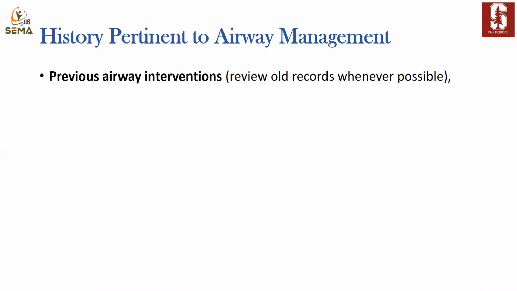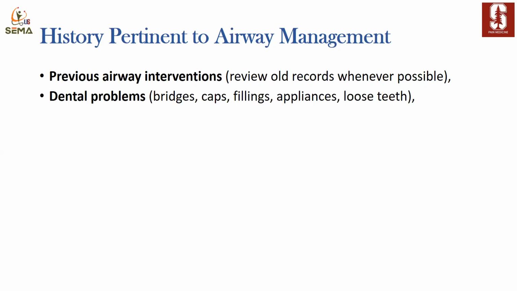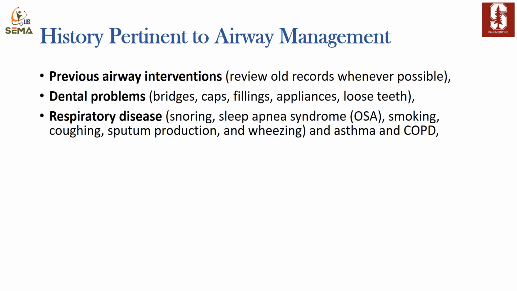So still in history, what you also need to do, again, you need to see if there are any previous airway records. Ask the patient about any dental problems like chipped teeth, loose teeth, etc. Any respiratory diseases, specifically do you snore?